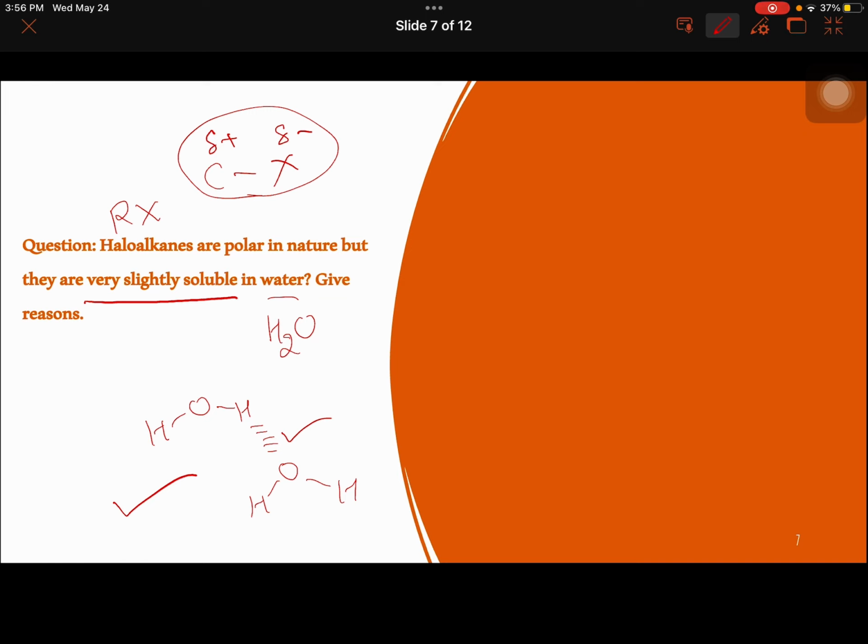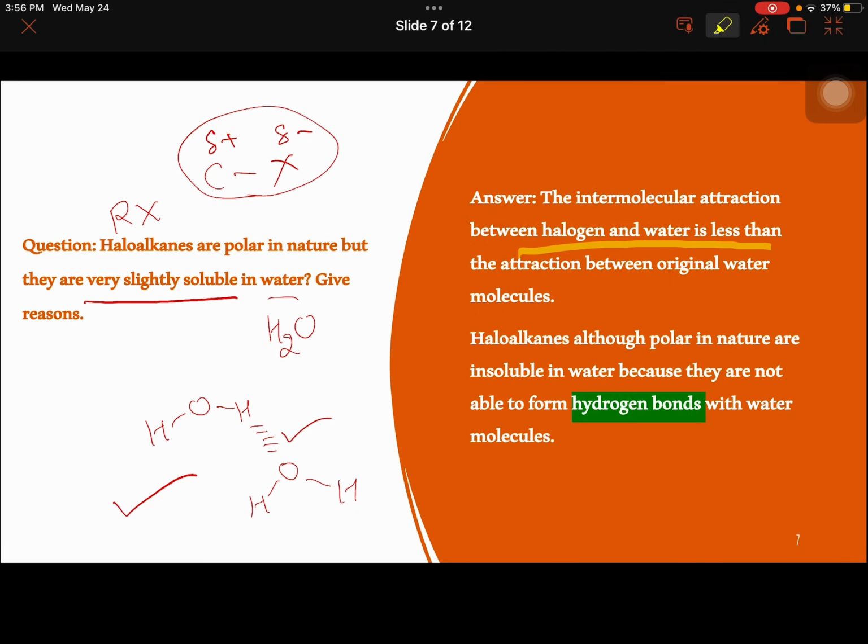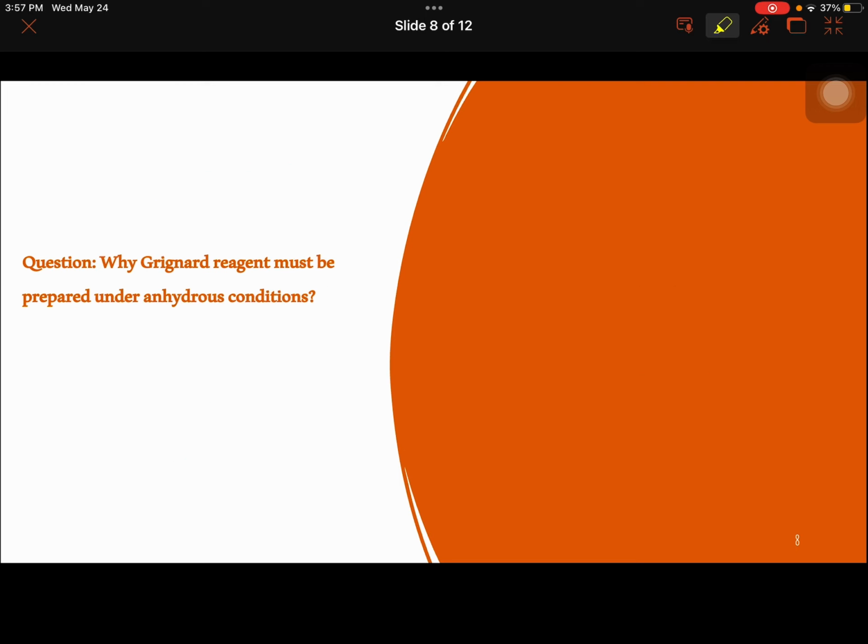But here, the intermolecular attraction between the halogen compound and the water molecule is going to be weak, less than between the original water molecules, because water as a pure solvent had hydrogen bonds between its molecules. That's why the new bonds were not that strong. So it is only slightly soluble.